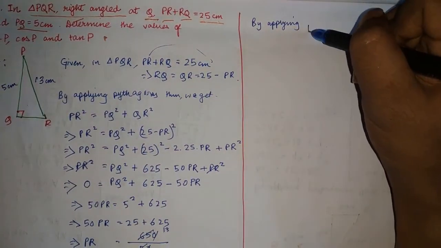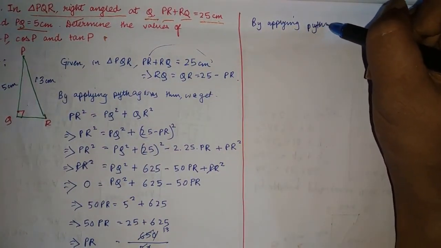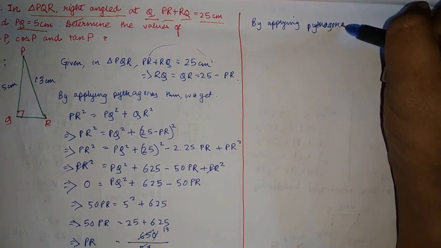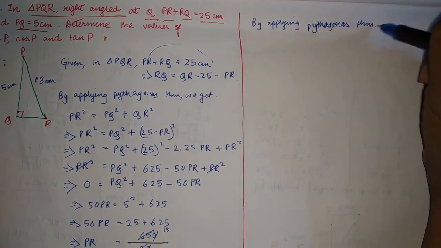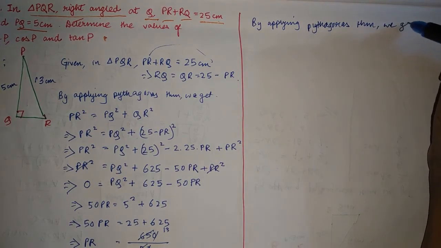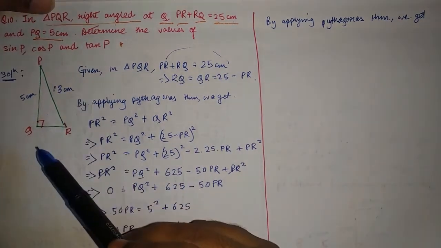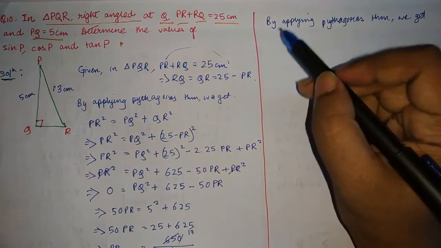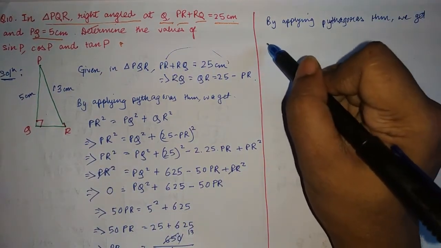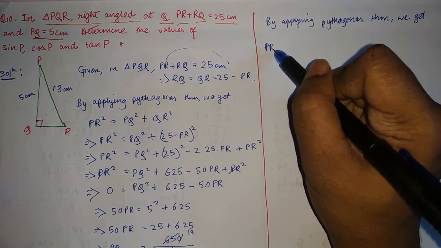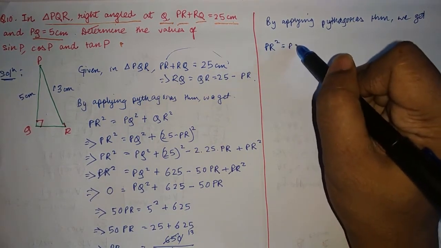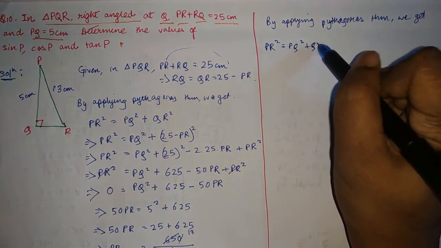By applying Pythagoras theorem, we get PR squared is equal to PQ squared plus QR squared. I have explained to you why earlier.